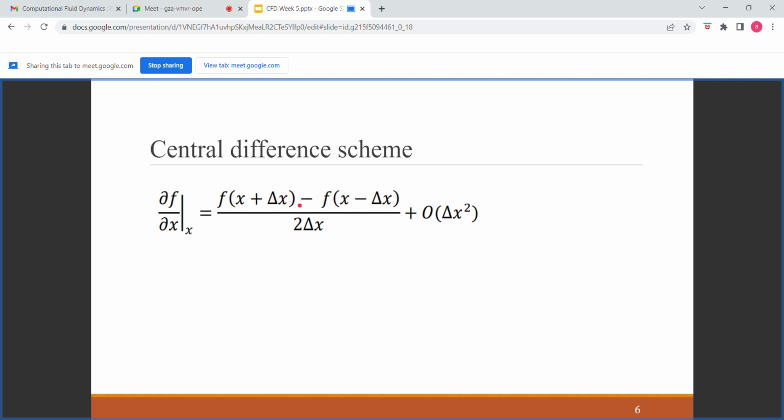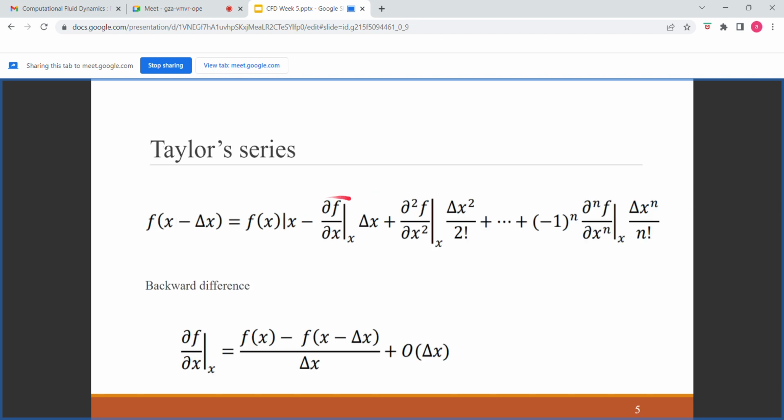And how we find the order is: since we are subtracting both the equations, this term is positive in both equations, so it gets cancelled out. The next term is dou cube f by dou x cube at x, times delta x cube by 3 factorial. Since it is in third position, n is 3, so we have a minus.